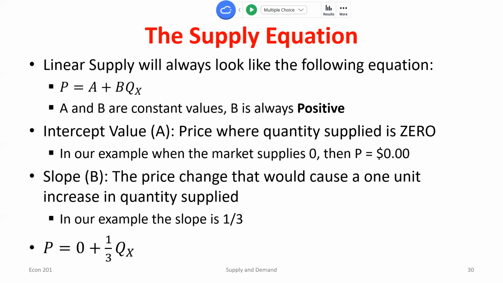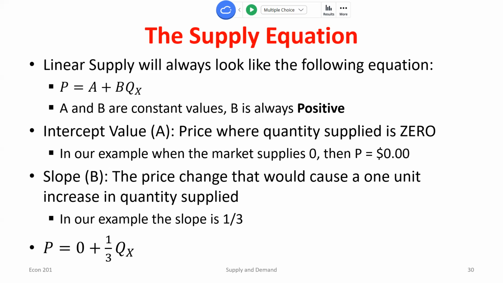Now, just like when we were thinking about demand, instead of the price on my y-axis, I could have thought of it as marginal benefit. The same will apply to supply. We can think of that price from my supply curve as actually representing the marginal cost of each one of these units.